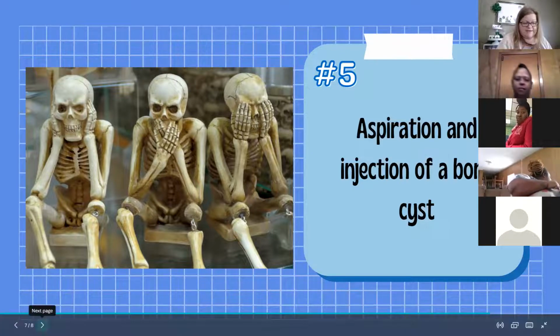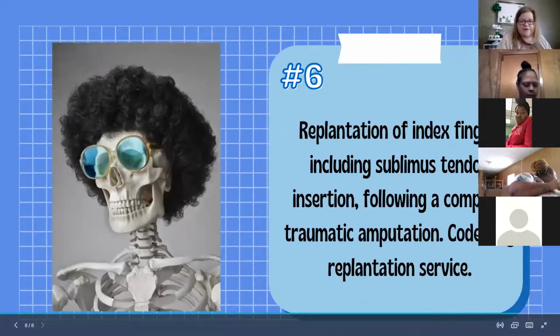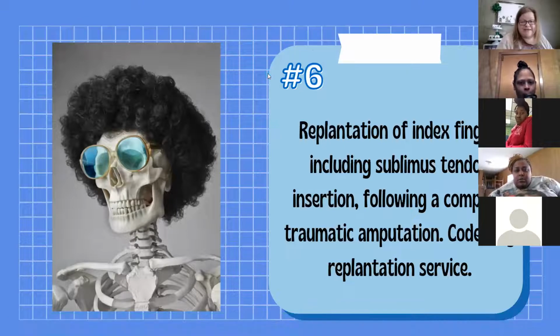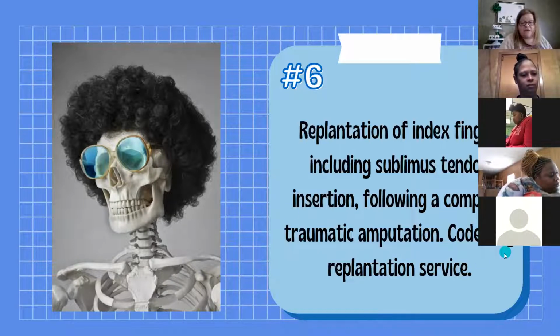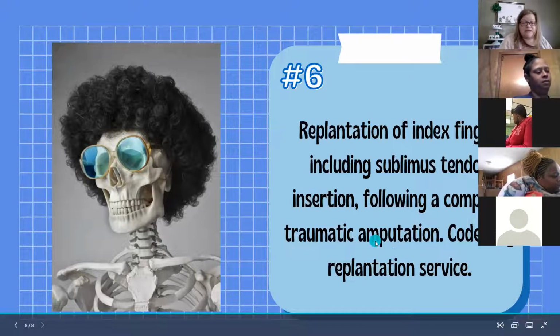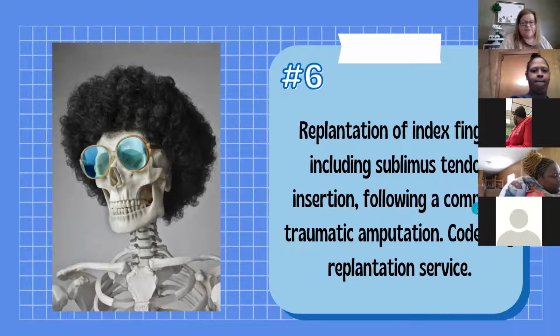All right, last one we're going to go over. Replantation of index finger, including sublimis tendon insertion, following a complete traumatic amputation. Code only replantation service. What that tells me right off the bat, this last sentence, is that I'm not going to have to worry about the complete traumatic amputation.